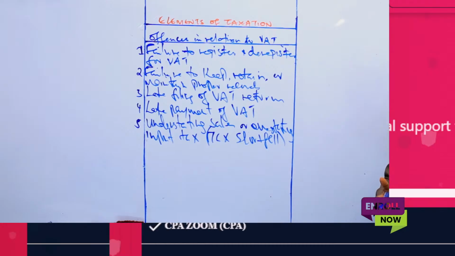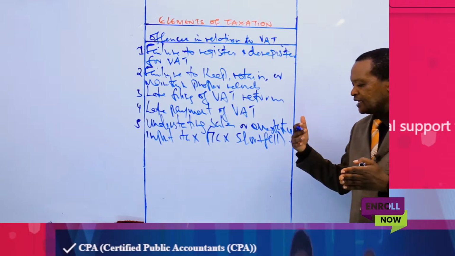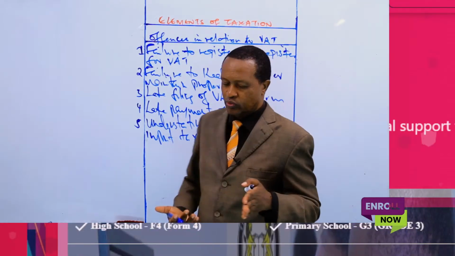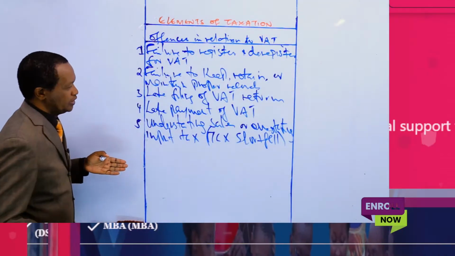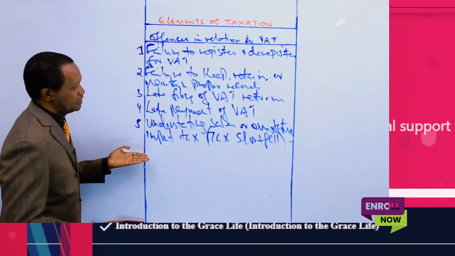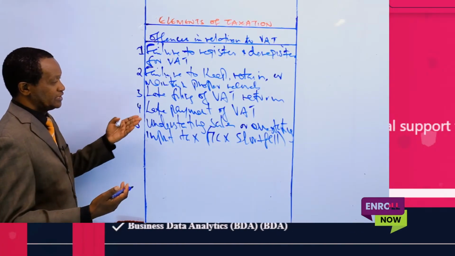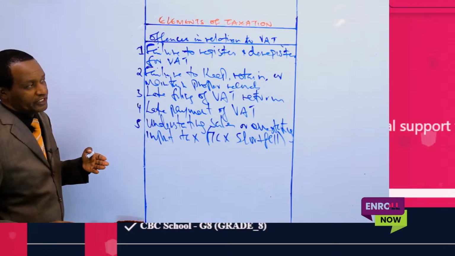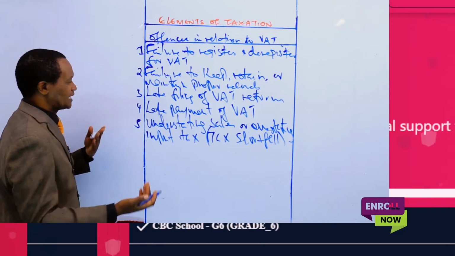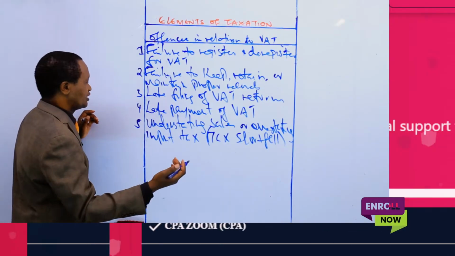You understand? This is a form of tax evasion, which is an offense. When you deliberately understate sales, then you are committing an offense which constitutes tax evasion.